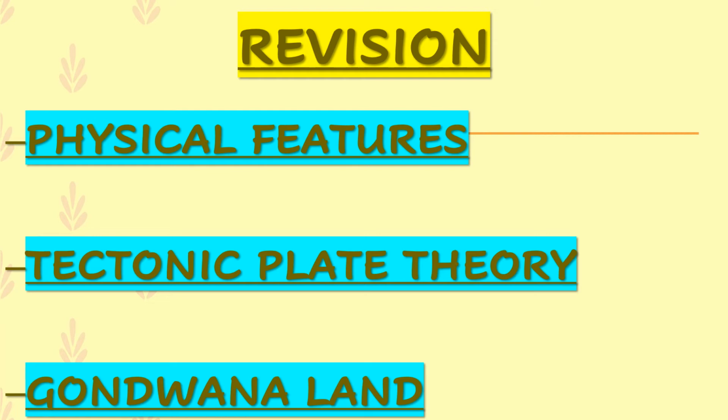Then we learned about Gondwana land, how earlier it was a complete land, and because of the convectional currents, because of the plates bumping into each other, the Gondwana land was separated into East Gondwana and West Gondwana. Clear? So the plate tectonic theory and Gondwana land, we will revise through the videos coming ahead, children. Let's slide ahead.